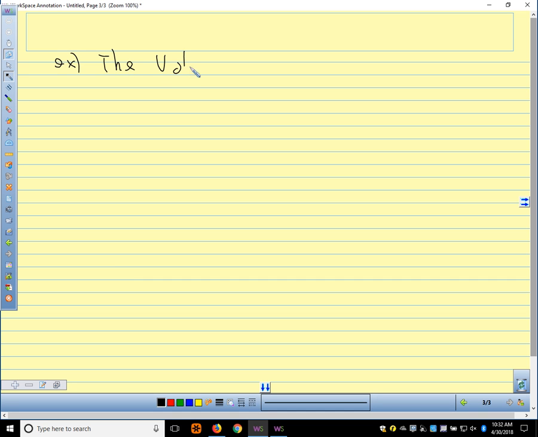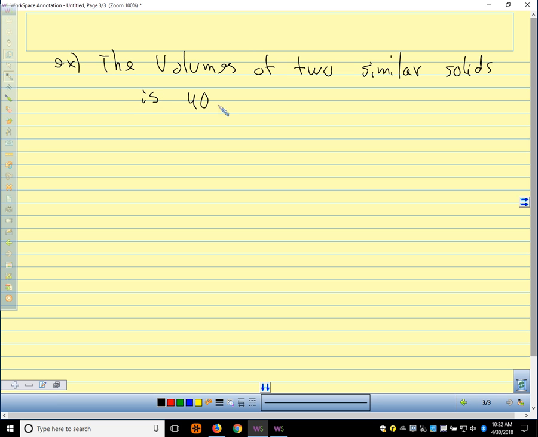So we know the volumes of two similar solids are 40 cubic inches and 135 cubic inches.